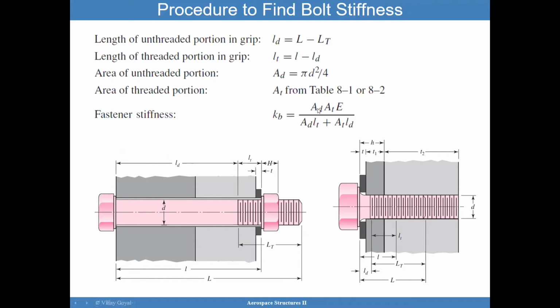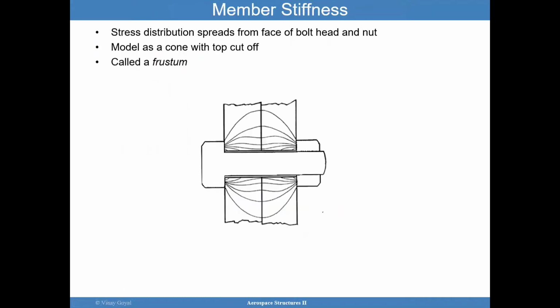These are the areas of the threaded portion versus the unthreaded portion. So there is an understanding that when you apply a bolt preload, there is a stress distribution, and that stress distribution will spread from the face of the bolt in the form of a cone. This may not look like a cone, but it could be idealized as such. So we call this a frustum.